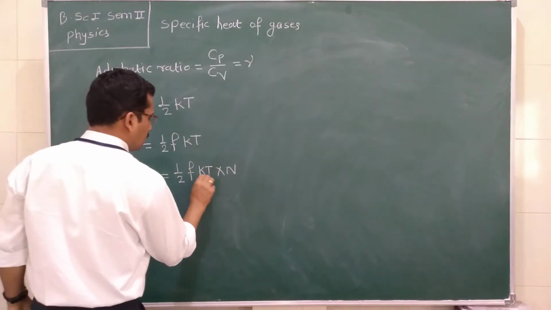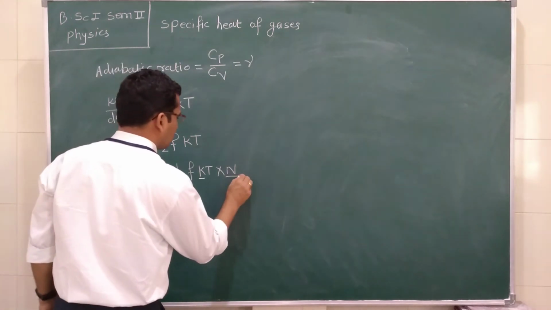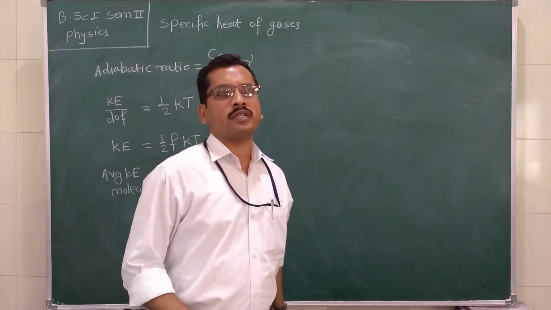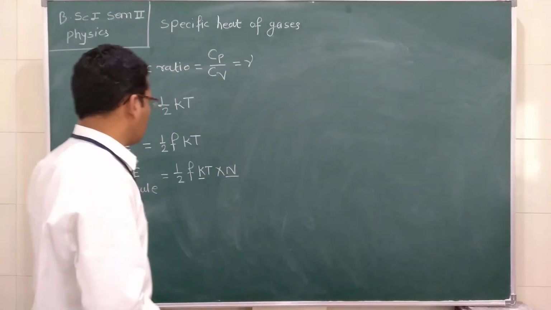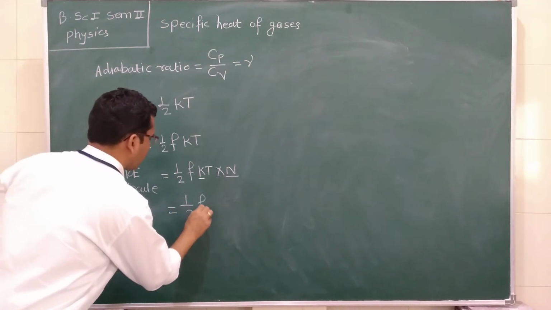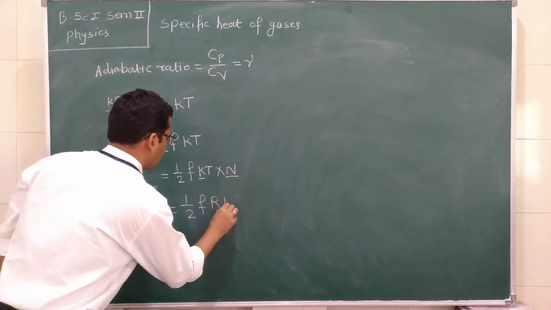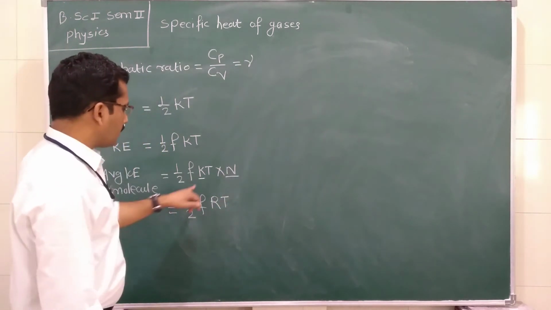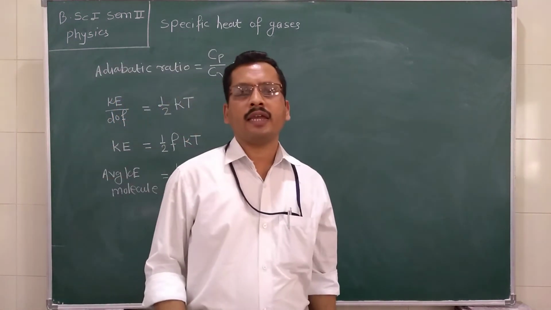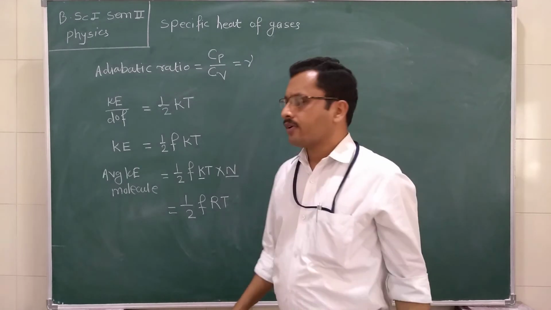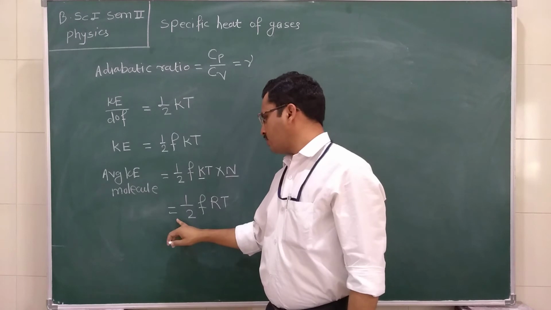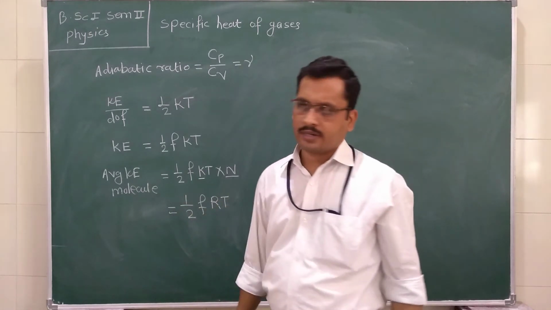Now, this Boltzmann constant K and Avogadro's number N, when multiplied with each other, give us the gas constant R. So the average kinetic energy is equal to 1 by 2 fRT.